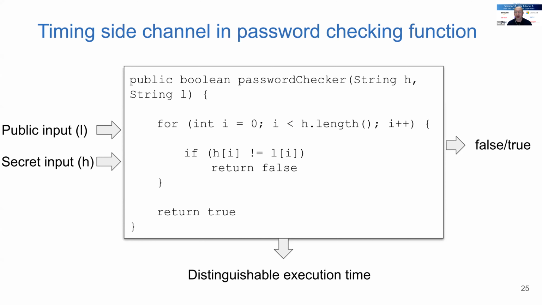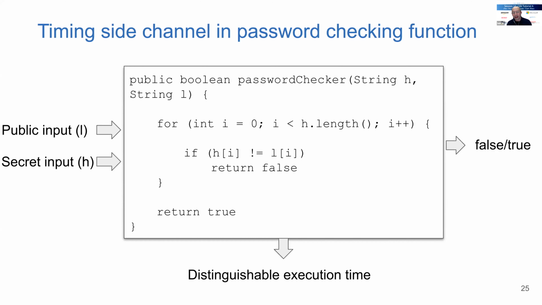Notice that this function implements this through a loop, and basically checks each character one at a time. If there is any mismatch, it immediately returns false. Starting from the first character of the string, and if everything matches, it returns true at the end.